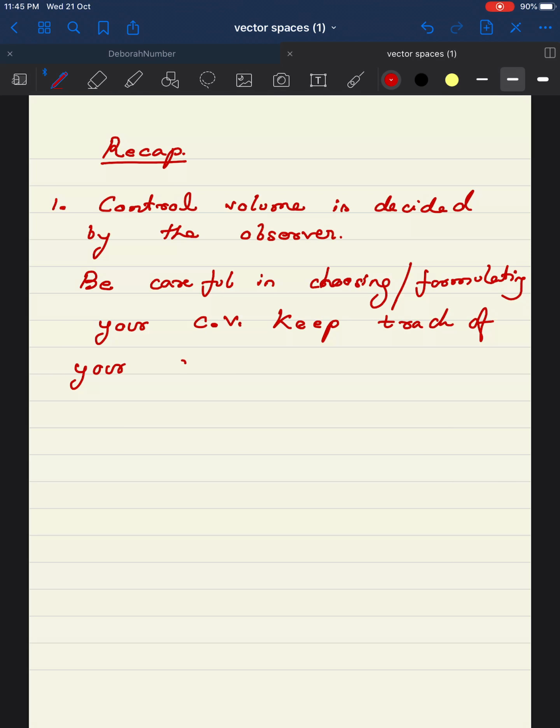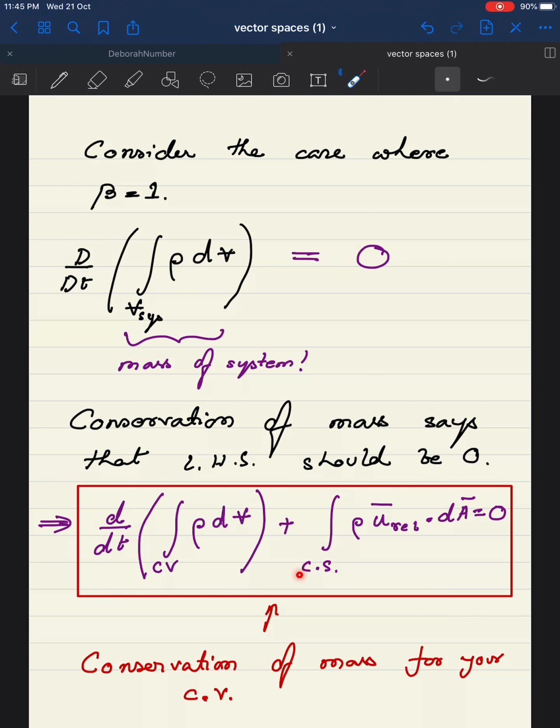And if you are doing this problem, you must make sure that you understand and integrate properly over the control surface, because this integral is the key.